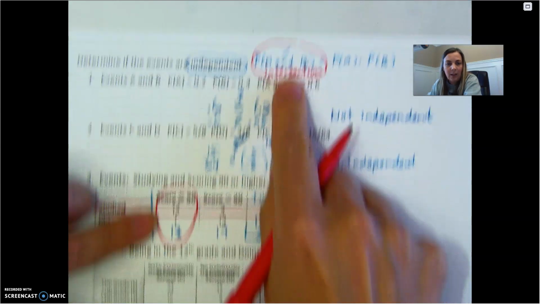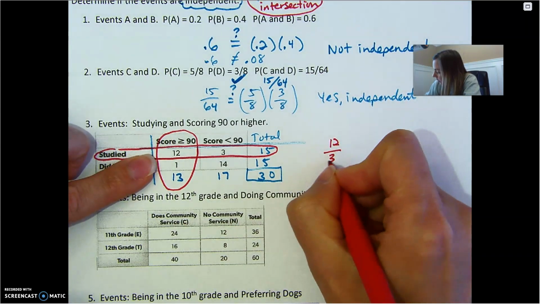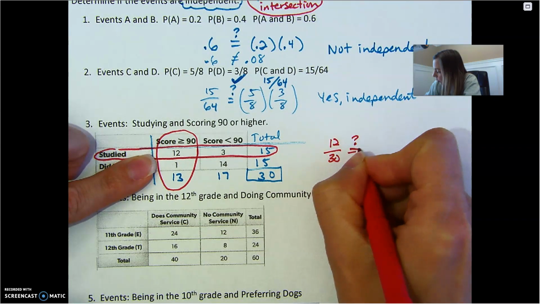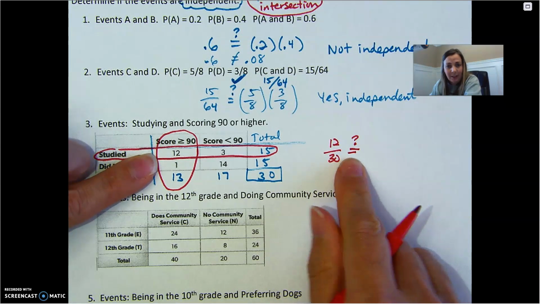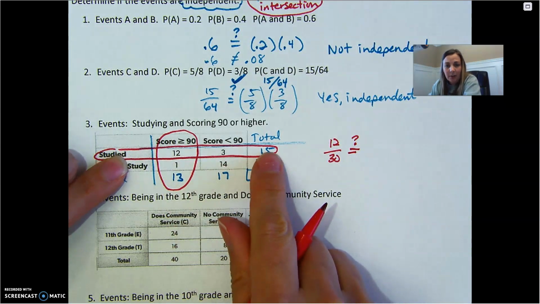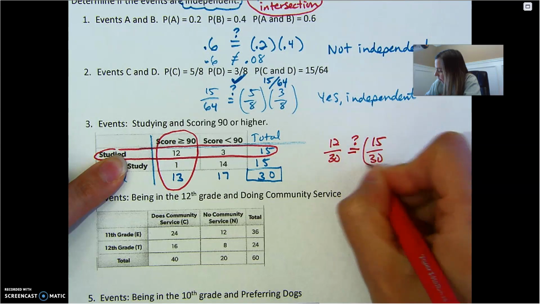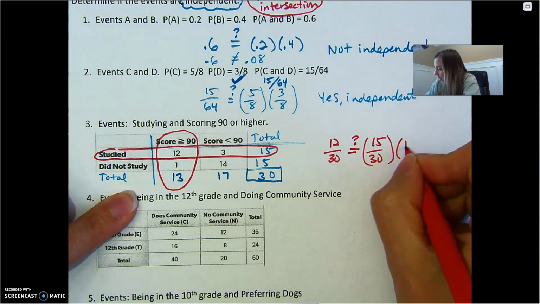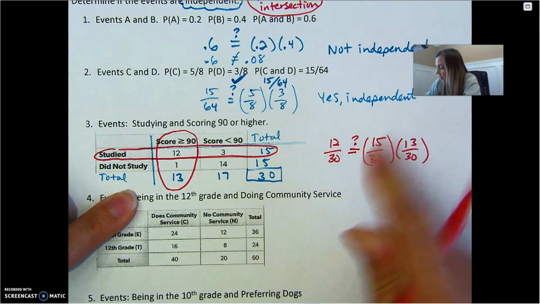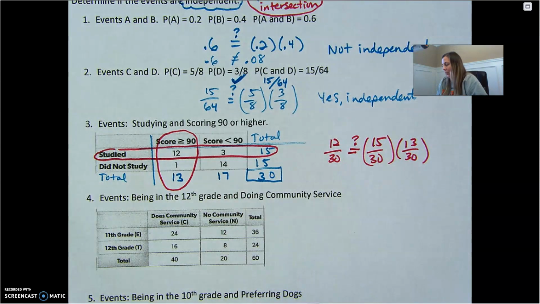The intersection is 12 out of 30. And we're going to put a little question mark. We're going to verify if it equals the product of these two events. Studying was 15 out of 30. Scoring greater than 90 is 13 out of 30. Notice the denominator is 30 all the way through. Whatever the grand total is, we use that.